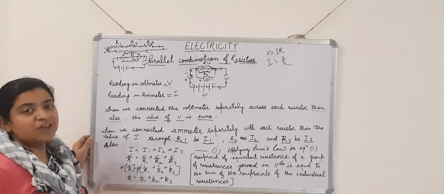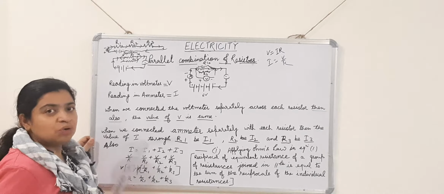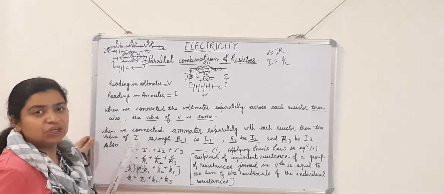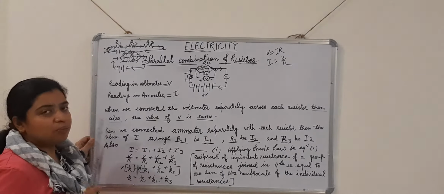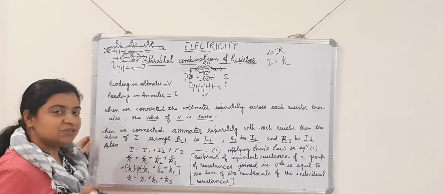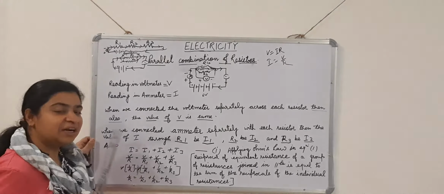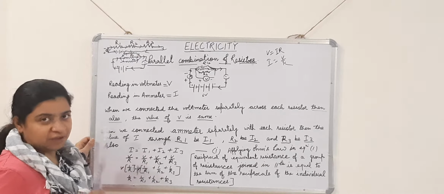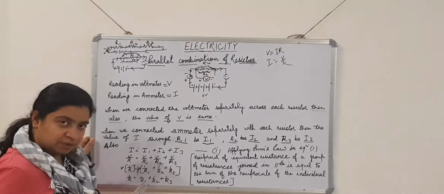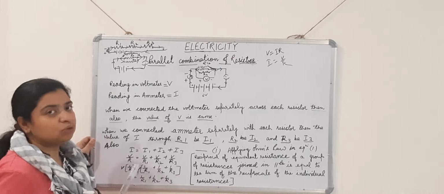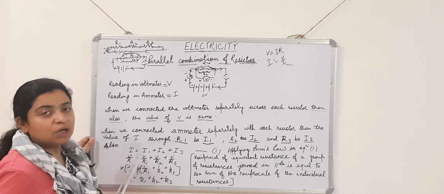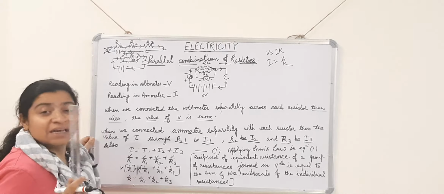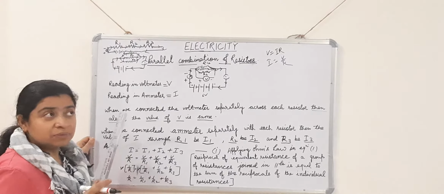That is why, children, in our household we have parallel combination, not series, because to operate a fan or a switch we need different amounts of current. Can we use the same amount of current to run a fan or a washing machine? Can we use the same amount of current to switch on an oven as well as a tube?